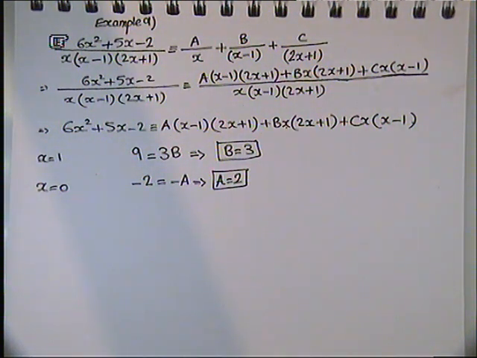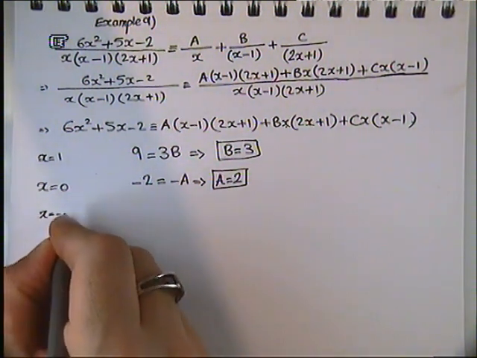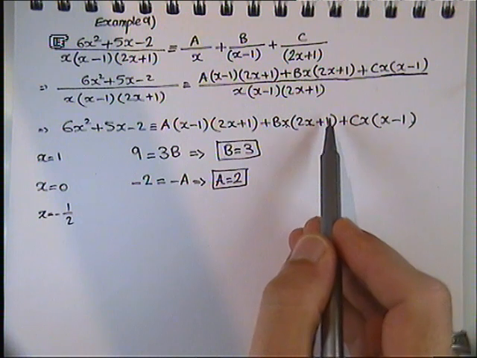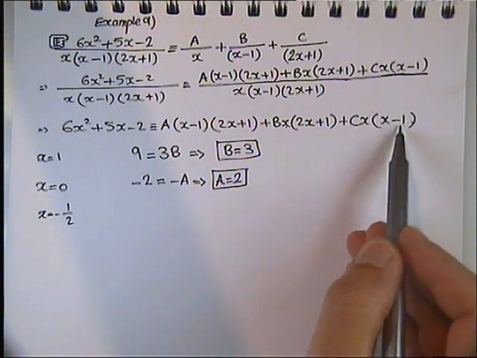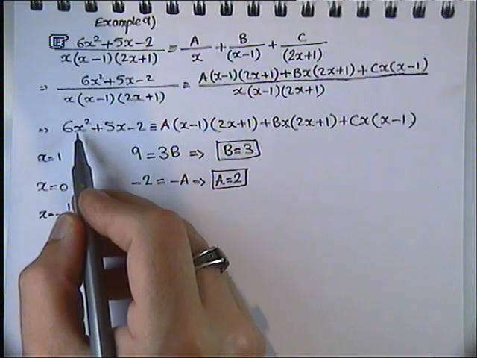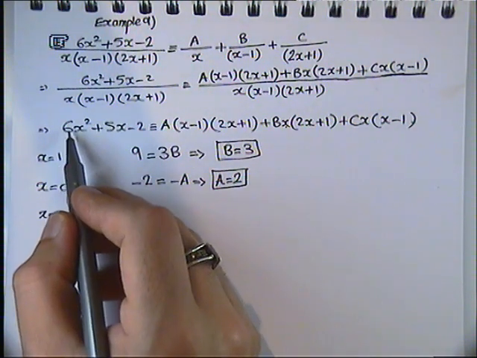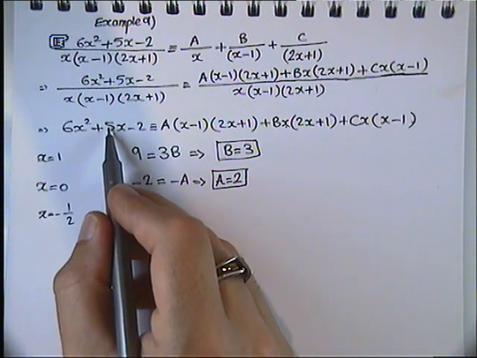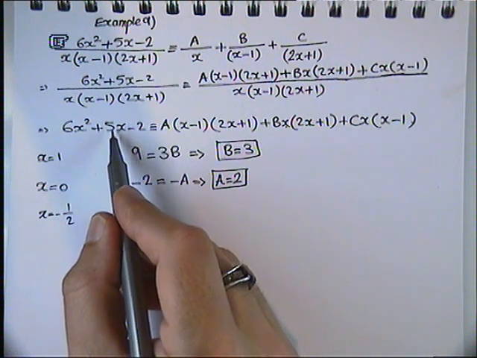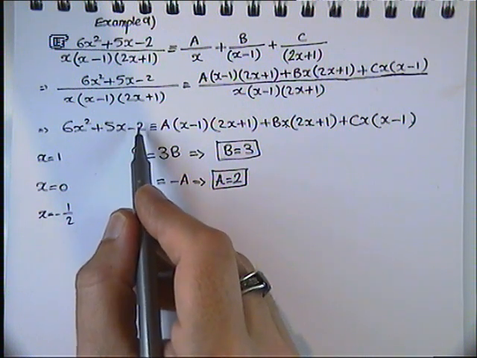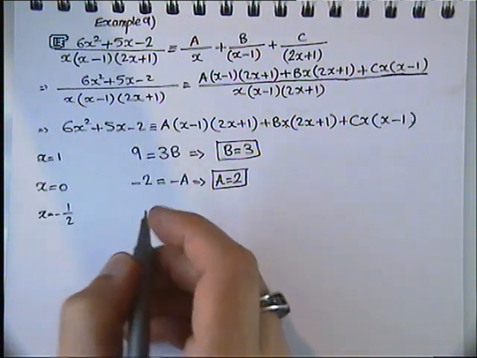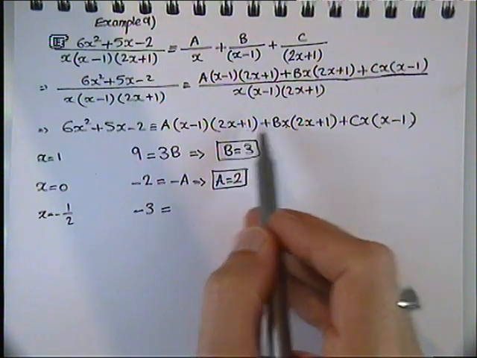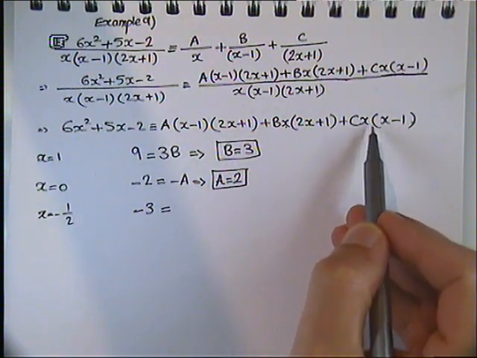And finally, let's substitute x equals minus half. If x equals minus half, this one will become 0, this one will become 0, and it is only this one here. So for this one, half squared is a quarter, a quarter times 6 is 6 over 4 or 3 over 2, plus 5 times 1 over 2, which is 5 over 2, minus 2, which should be minus 3, is equal to, all of this is 0 and only this one is left over.